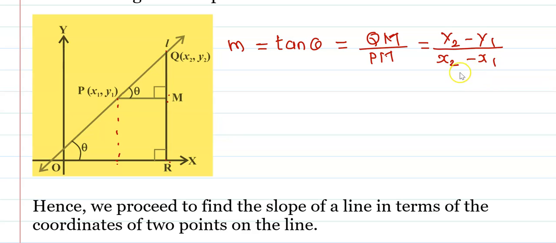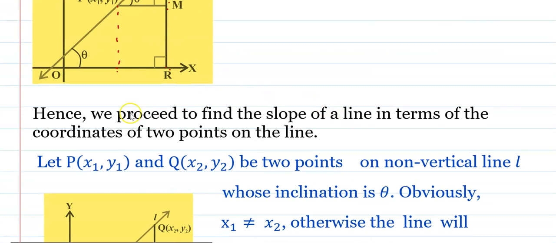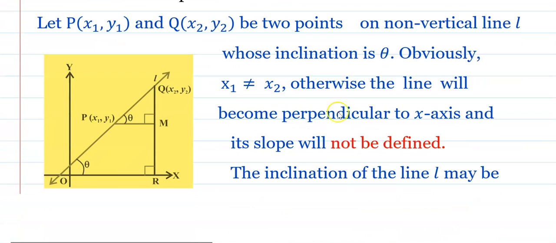It should not be x1 minus x2. If the numerator is y1 minus y2, then the denominator must be x1 minus x2.